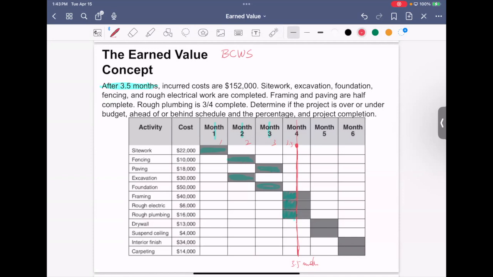Does that make sense? Our budgeted cost of work scheduled is that we finish all the site work, all the fencing, all the paving, all the excavation, all the foundation, and half of framing, half of the rough electrical, half of the rough plumbing, right?